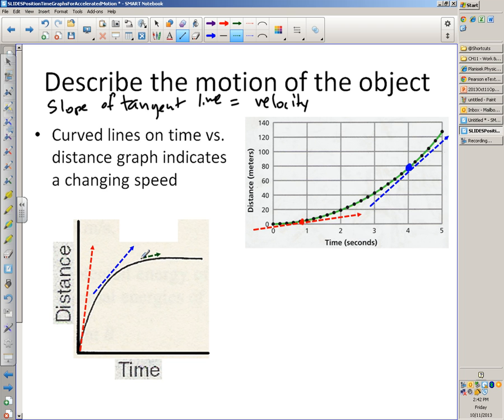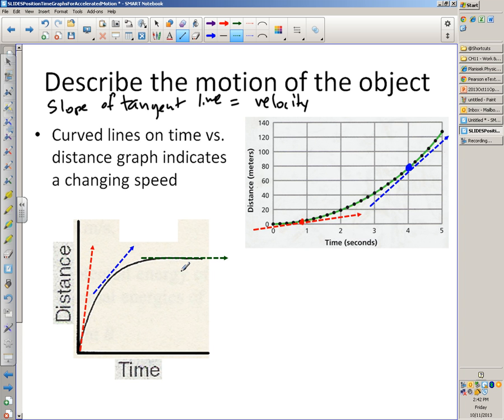Eventually, that's the tangent line, right? What eventually happens to that object in the bottom picture? It stays at rest, right? Because it's a flat line.